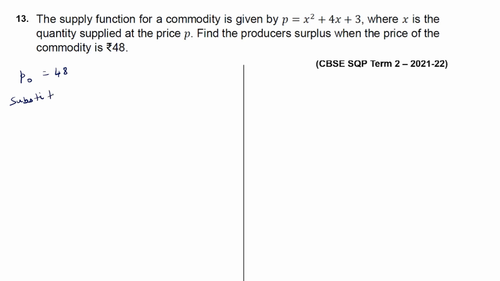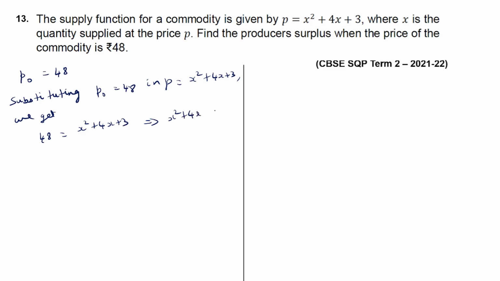substituting P naught equal to 48 in P equal to x square plus 4x plus 3. We get 48 equal to x square plus 4x plus 3 implies x square plus 4x minus 45 equal to 0.